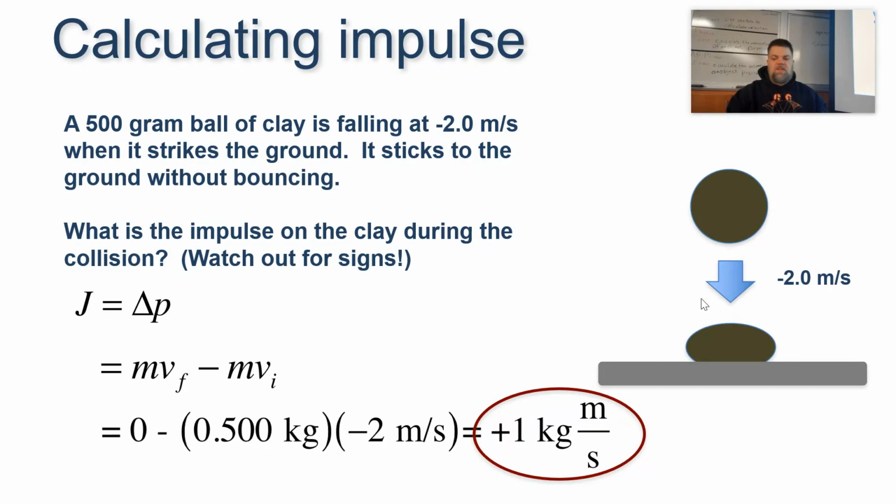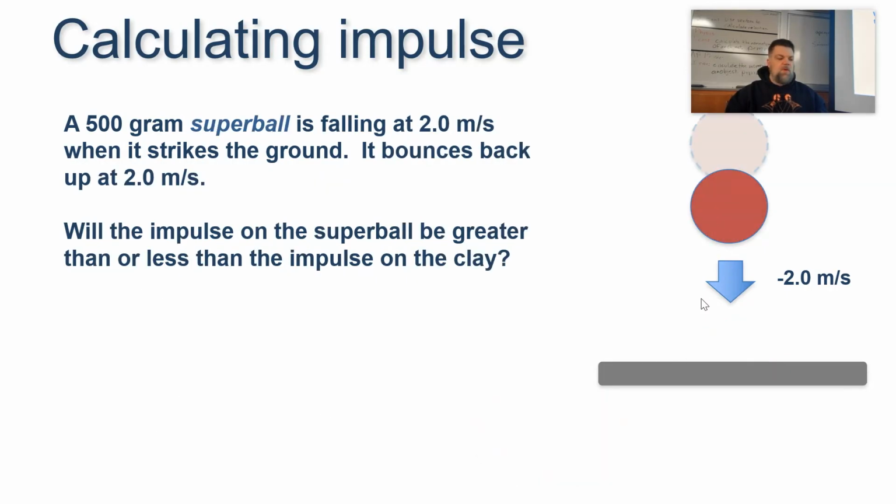All right, now let's see what happens when the ball bounces back. So same type of question. You want to write out some of the things. Sketch out this drawing, though. So it says that 500-gram super ball is falling at 2 meters per second.